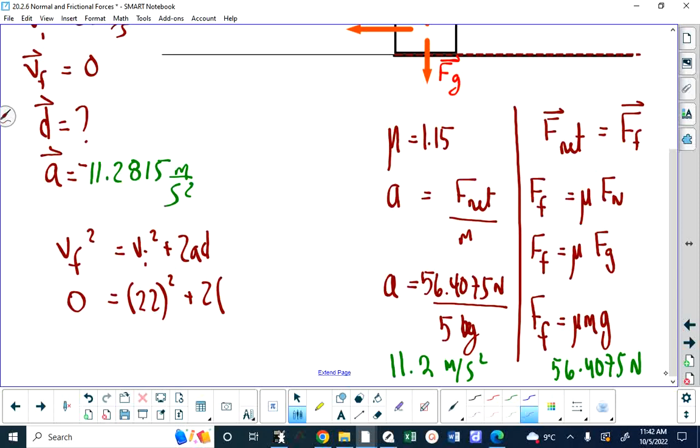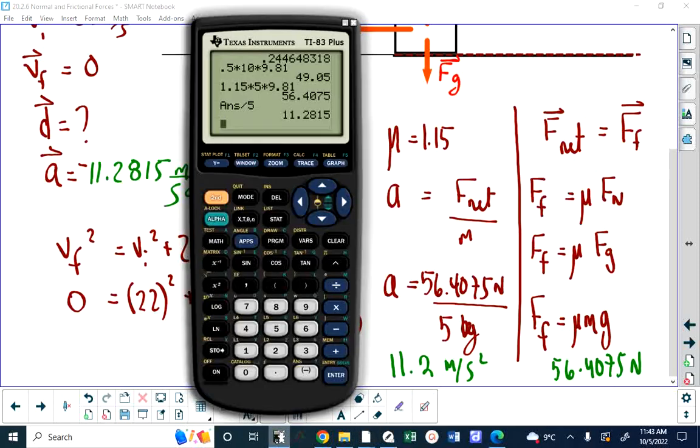We really ought to use negative. Otherwise, you get a negative d, which we don't want. So negative 11.2815 times d. When you solve this, you're going to have to square the 22, move it to the other side where it becomes negative, and then divide by that negative acceleration, giving you a positive displacement.